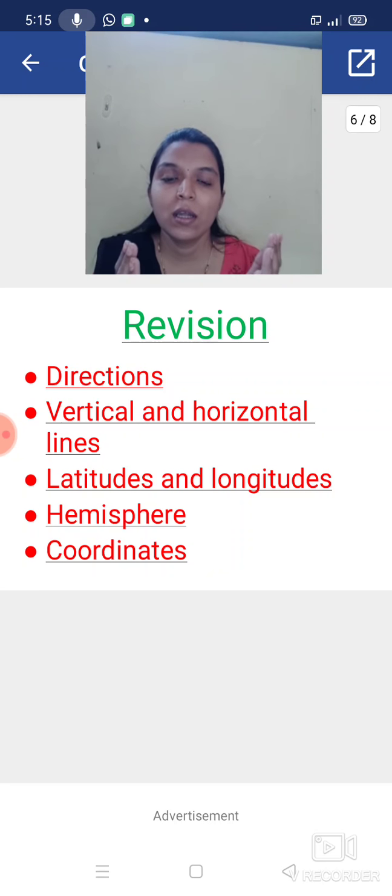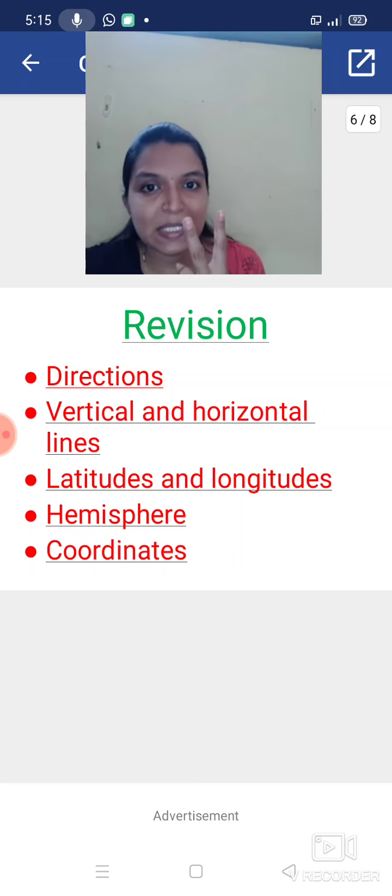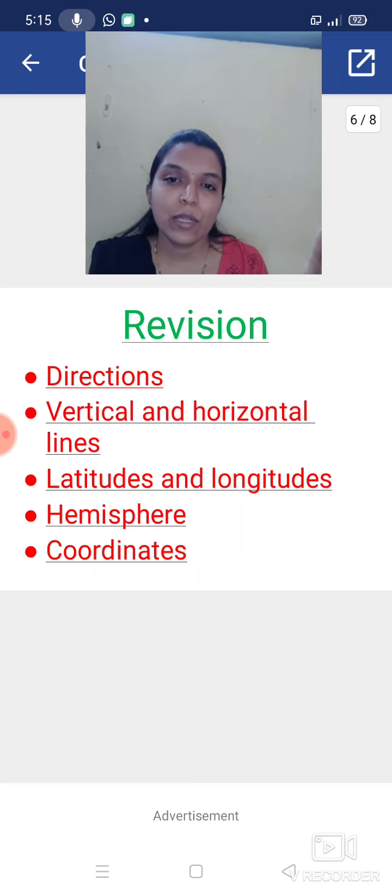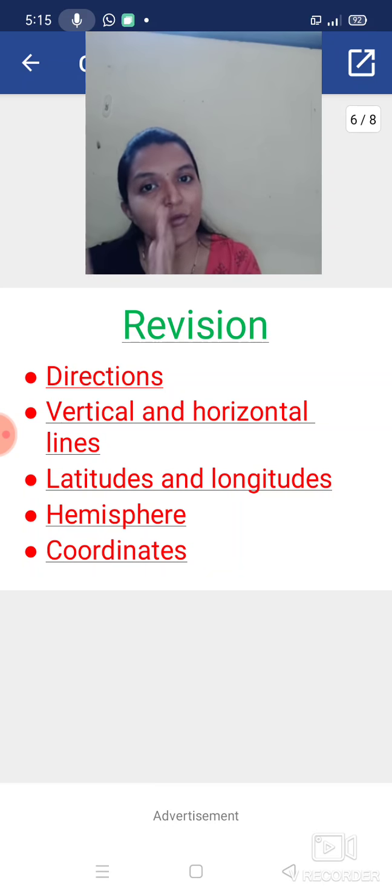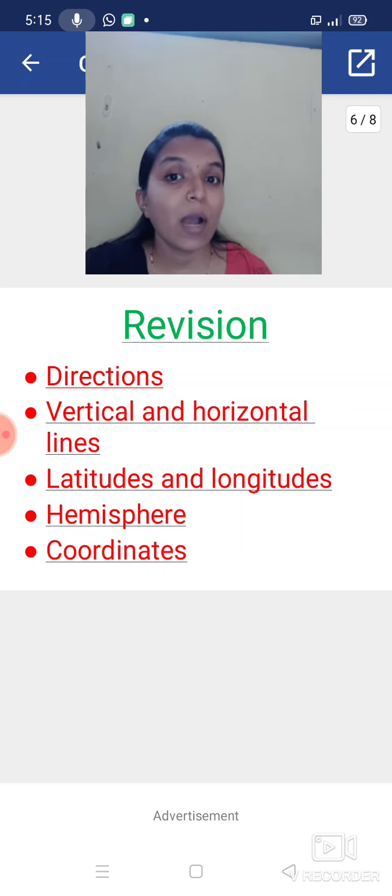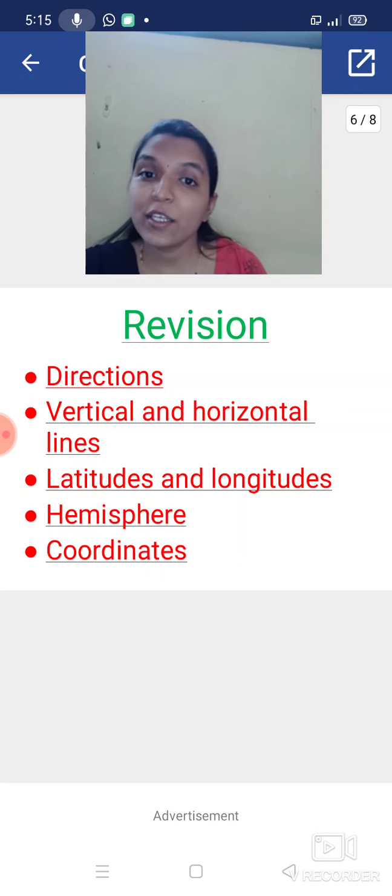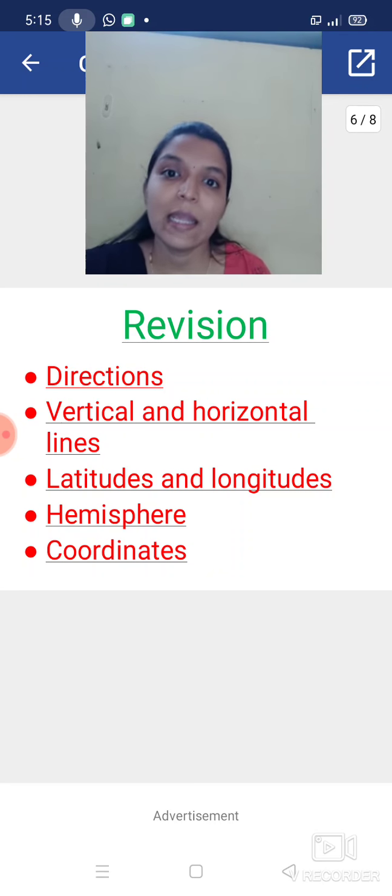We get two hemispheres: the right part is the Eastern Hemisphere and the left part is the Western Hemisphere. Now why are we studying latitude and longitude? Latitude helps us to know different climatic zones, and longitude helps us to study various time zones.